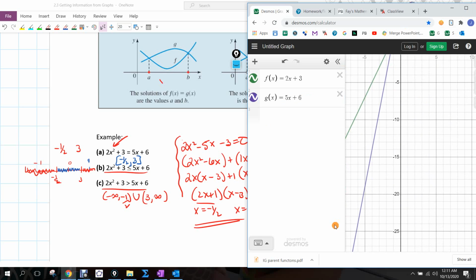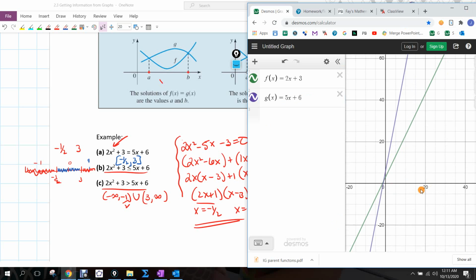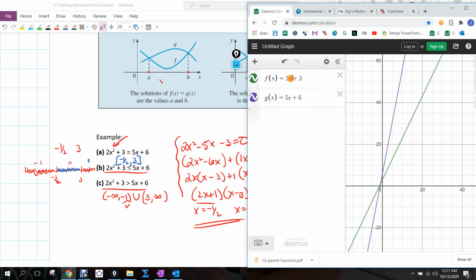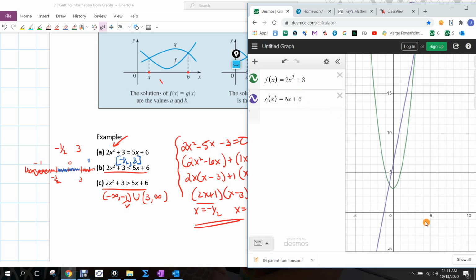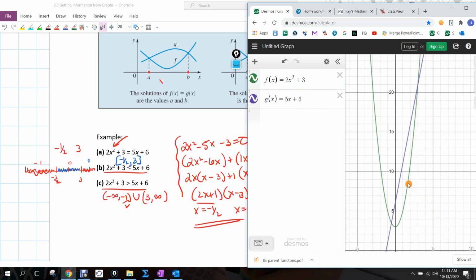Okay, so I'm going to zoom out. Sorry, this was x squared. And we get that. So that's my function g of x. This is my function f of x. So the question was, where are they equal? Right there we see -1/2, and right there we see 3.